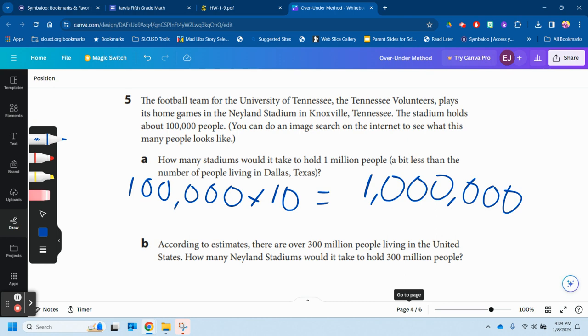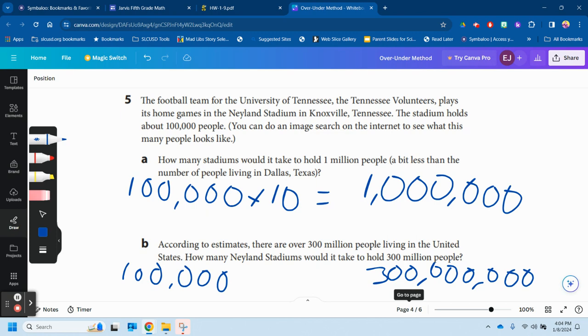According to estimates, there are over 300 million people in the United States. The stadium holds 100,000. How do I get to 300 million?